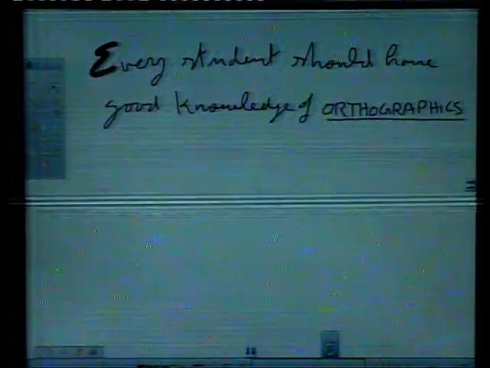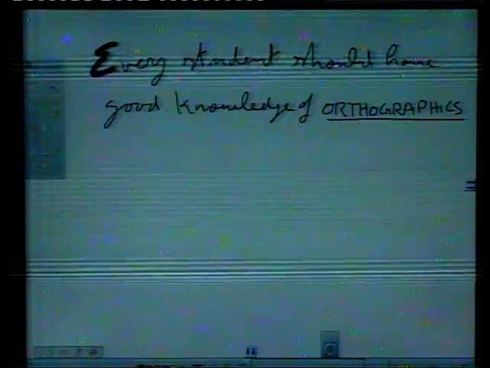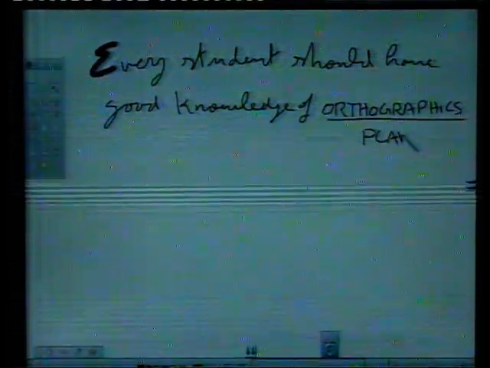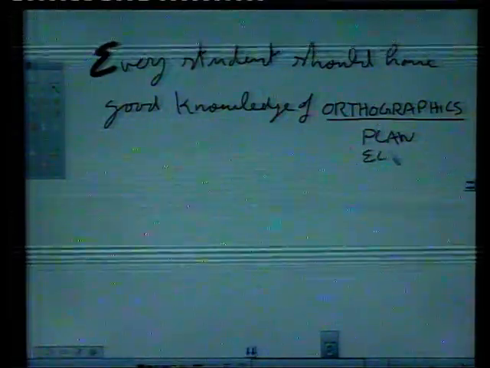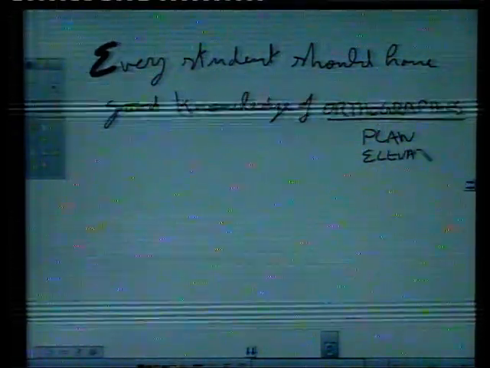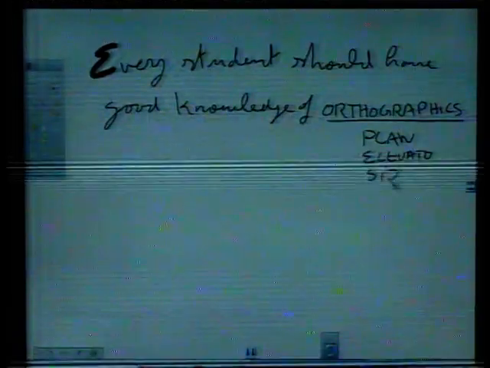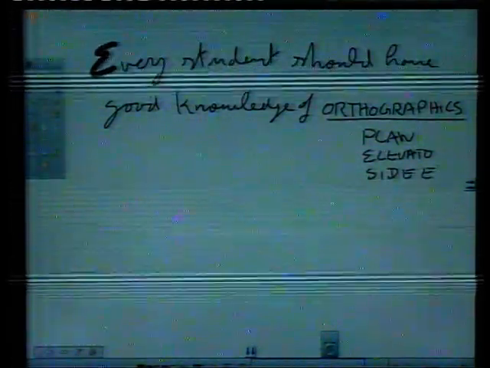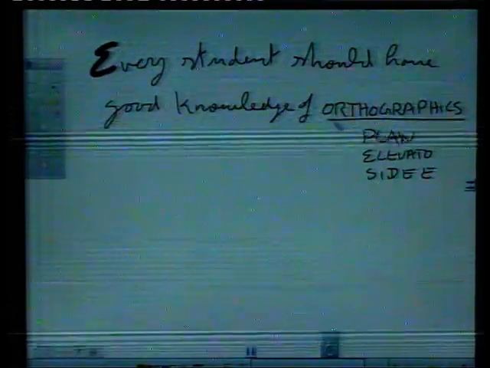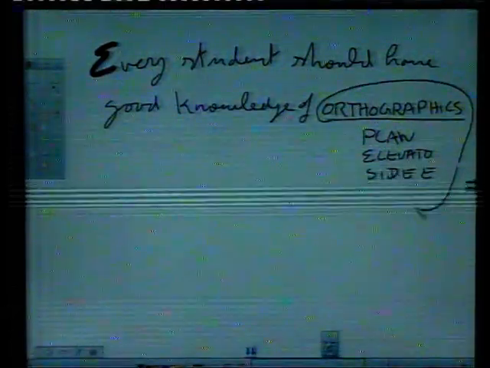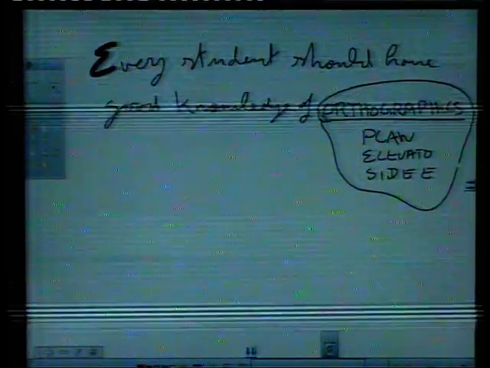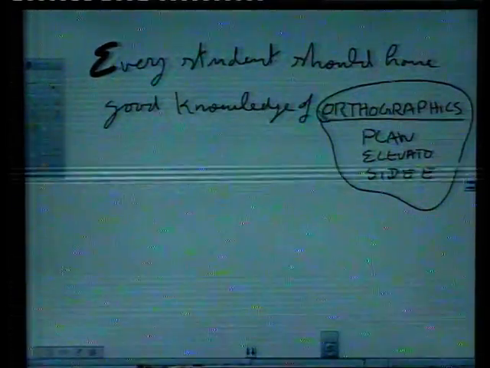That means the student should be clear of what is plan, what is elevation, and what is side elevation, etc. If you do not have the knowledge of orthographics, then it will be very difficult for you to draw isometrics. I hope orthographics are very clear to you.